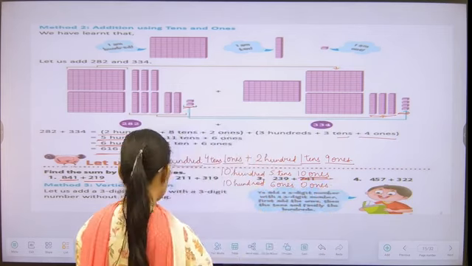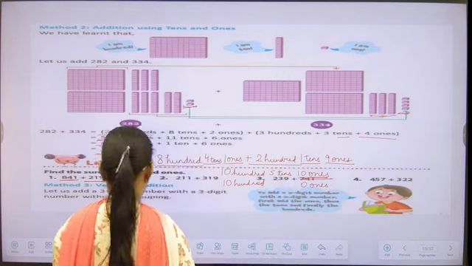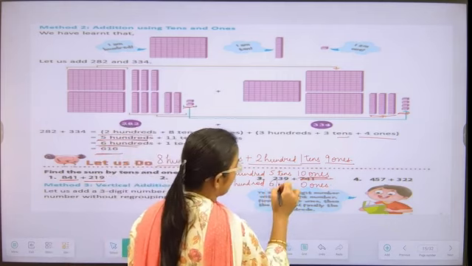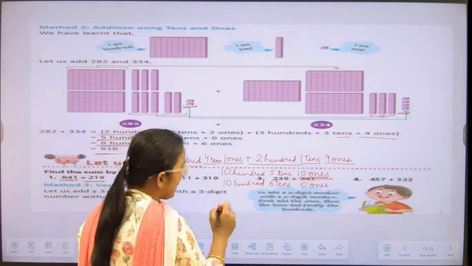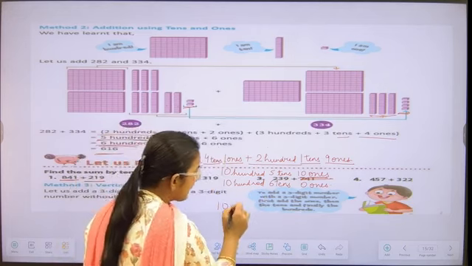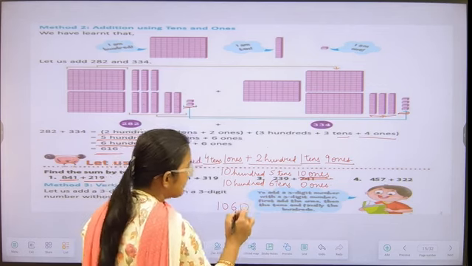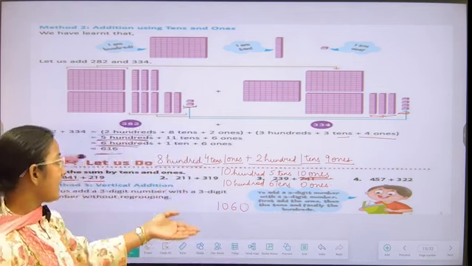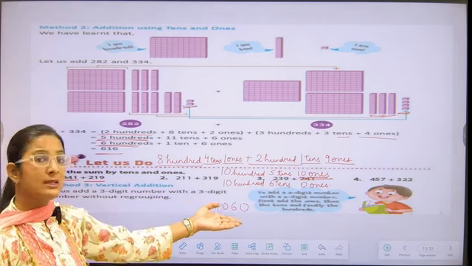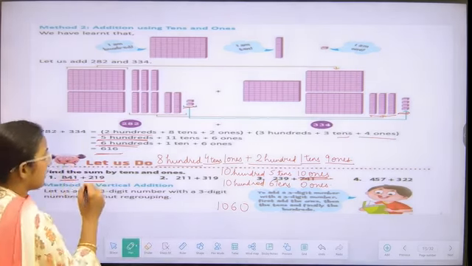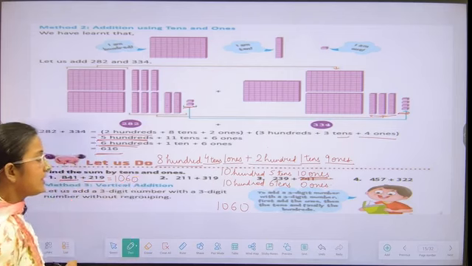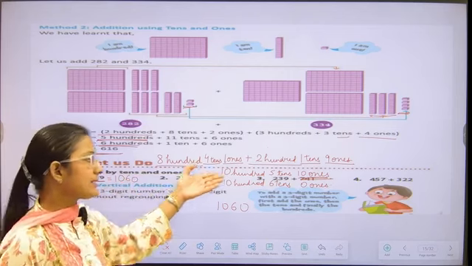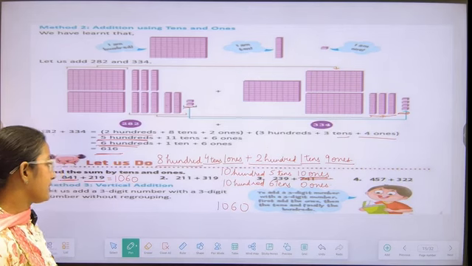Sorry, it should be 6 tens, student. So the sum is 10 hundred, 6 tens and 0 ones, so our sum will be 1060. Similarly, student, you can attempt the second, third and fourth part.